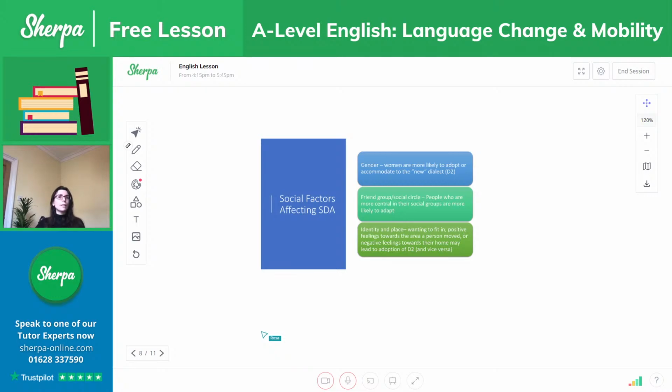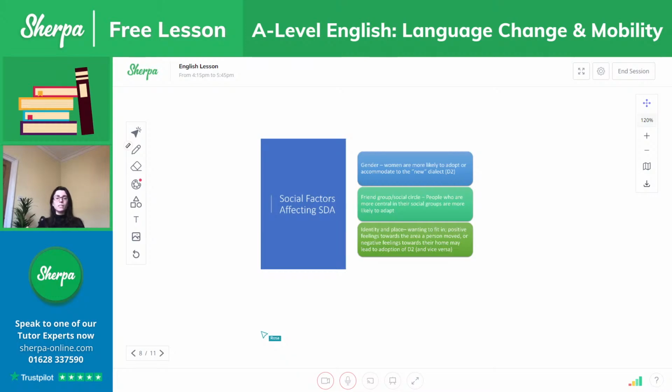And then additionally, friend groups and social circles play a big role, meaning if their friend groups all speak the dialect of the place they moved to, and they're more centrally located in this social group, maybe the center of their clique, and everyone talks to them and everyone interacts with them, they're connected to everyone in this social network, they're more likely to adopt the new dialect than someone who's more peripherally located in their social group.